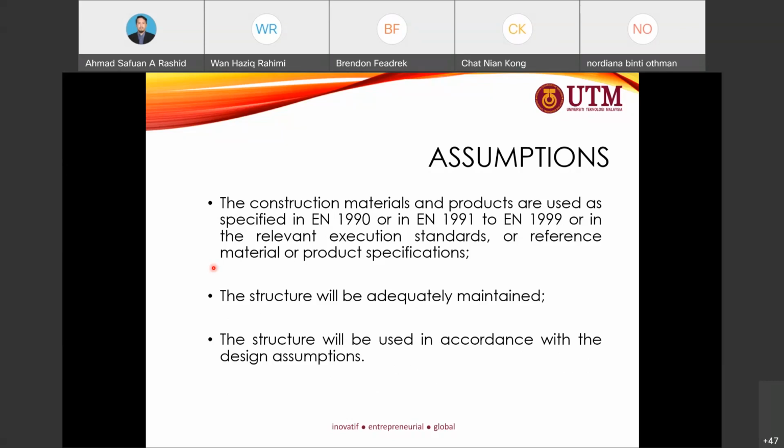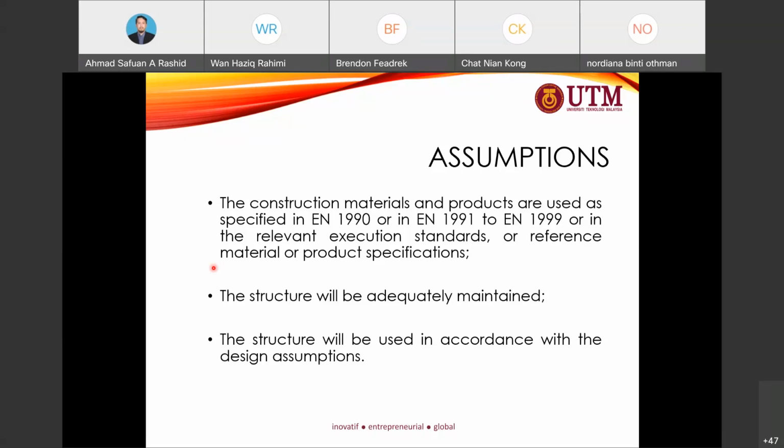The structure will be adequately maintained, so the designer or the contractor should have a proper maintenance schedule. The structure will be used in accordance with the design assumptions.